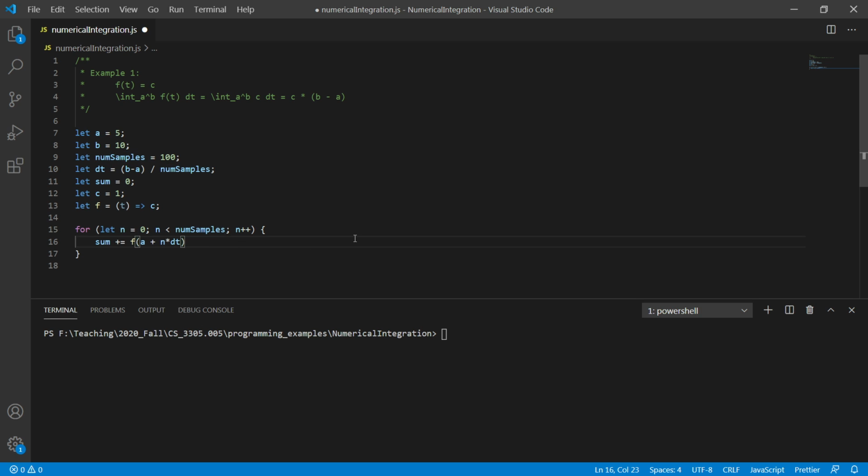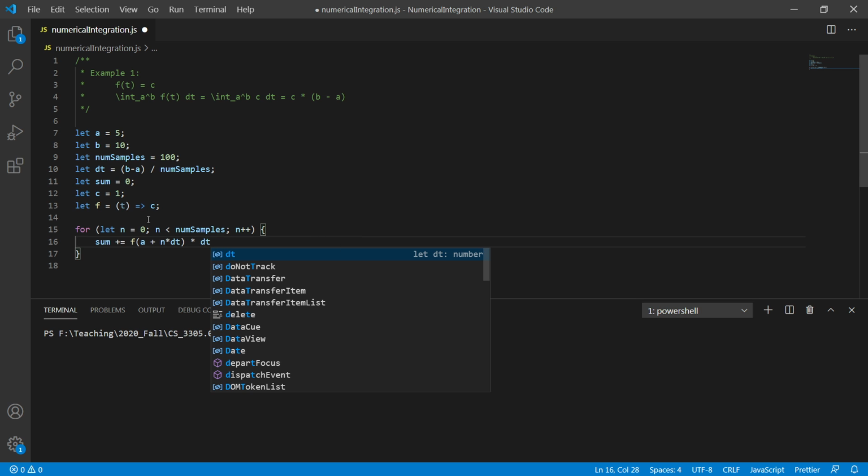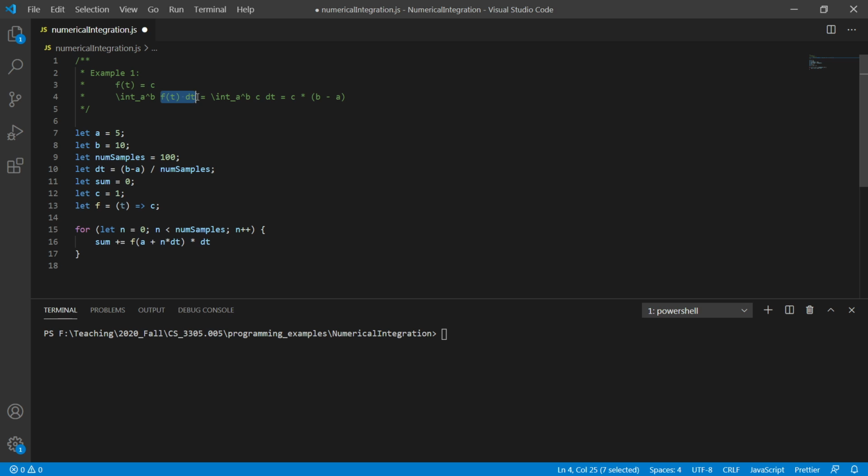And so that's what we're doing here. It's just computing the appropriate value of t. And then dt, just like in the integral, right? So f of t times dt. And that's our sum, right? We said the integral was just a special notation for a summation.